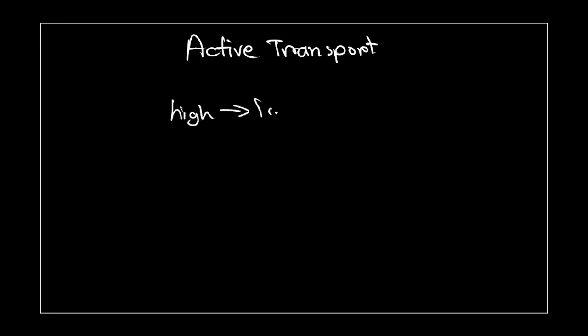Now, one last thing we will look into in today's video is what we call active transport. Now, what is active transport? It is the uptake of particles by a cell against the concentration gradient. So, what do we know about diffusion? We know that the particles go from an area of high concentration to an area of low concentration.